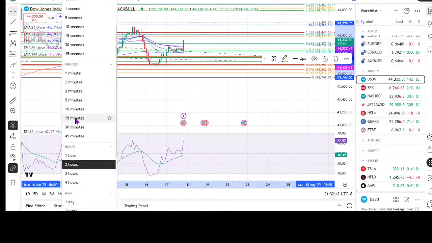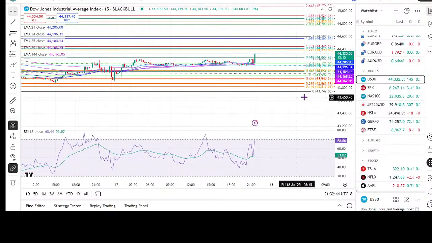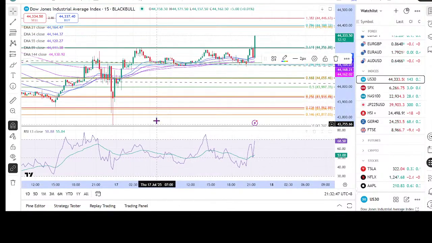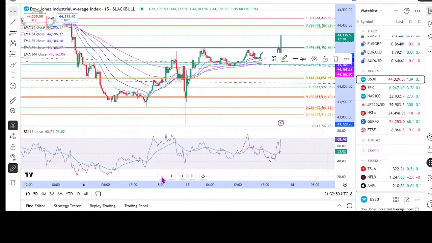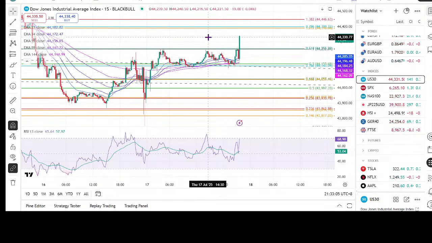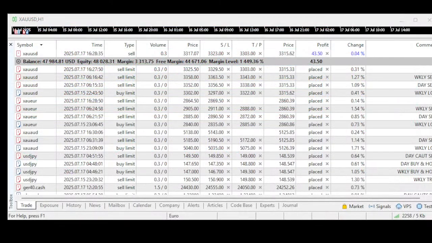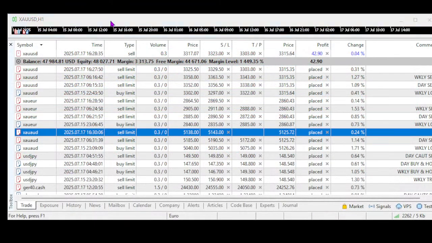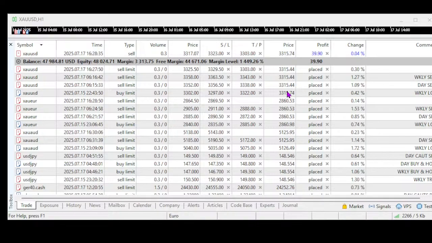And let's see the 15-minute. Okay, so I think we can go for a Dow selling at 390 or 415. Okay, let's go and put in this trade. And this is a Dow cash, huh?